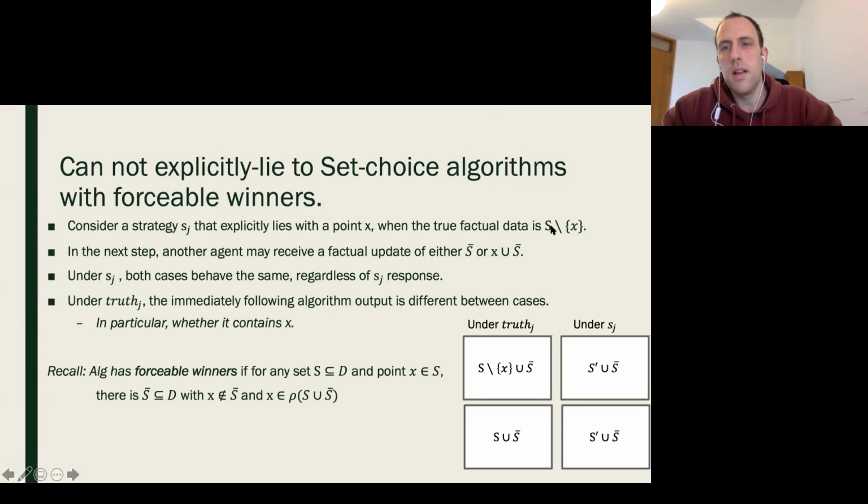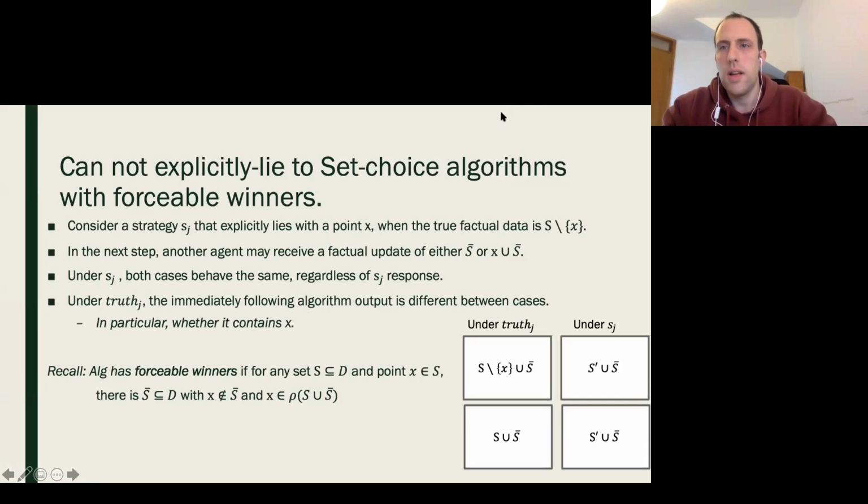And the true factual data is some S, and we know X is not part of this S. So now we can use this bar S. Let's say that at the next step, some truthful agent gets bar S, reports it, and updates with this bar S.